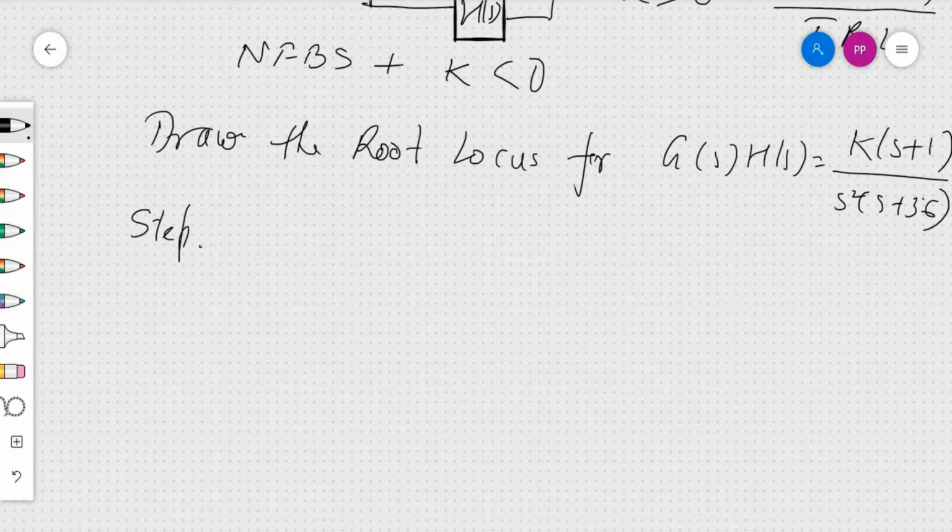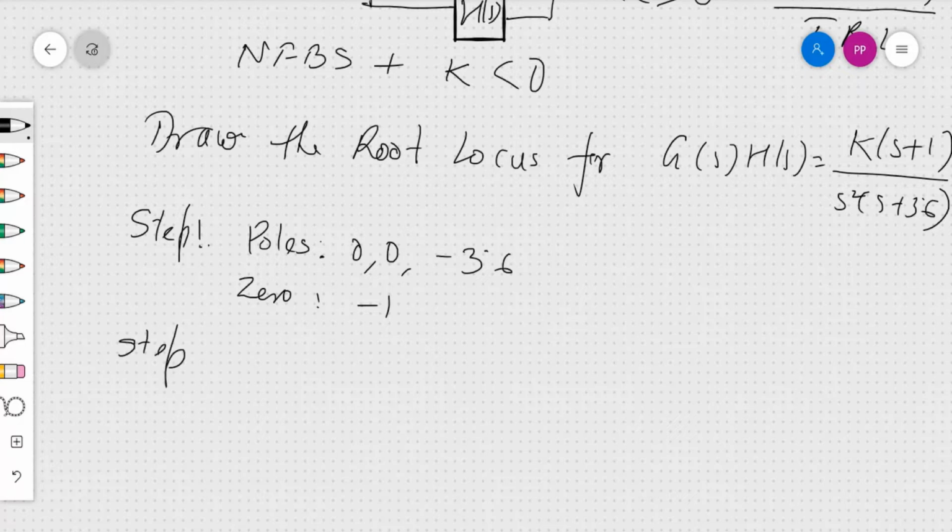We start with finding the open loop poles. Open loop poles are a double pole at the origin, 0, 0, and the third pole at minus 3.6, and the open loop zero is at minus 1. With that we can find the number of asymptotes which will terminate at infinity, where K tends to infinity.